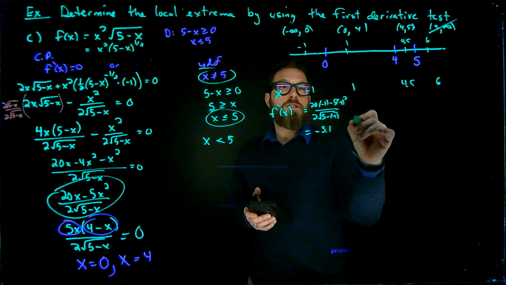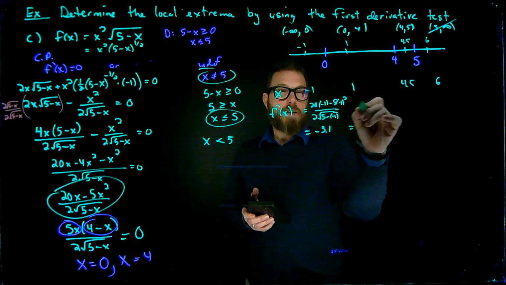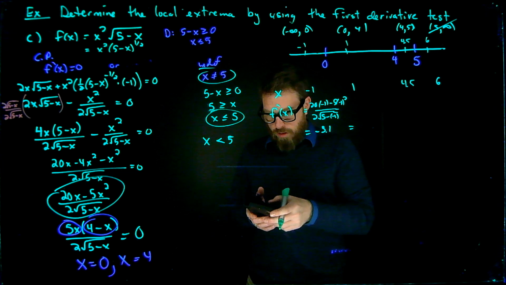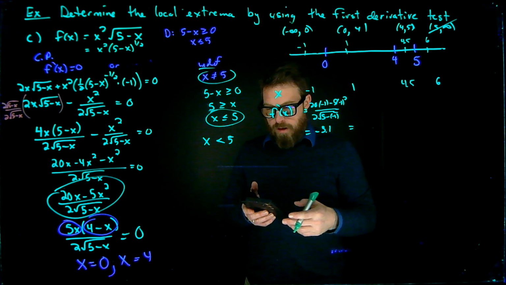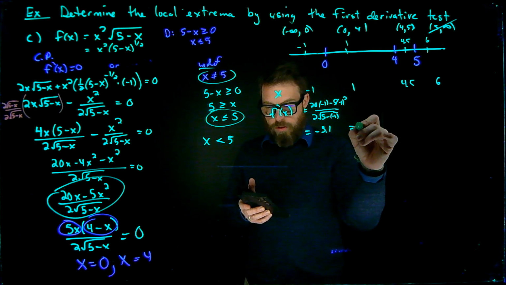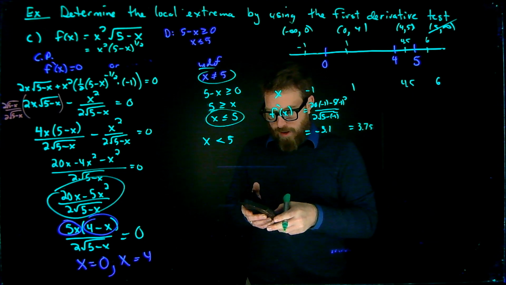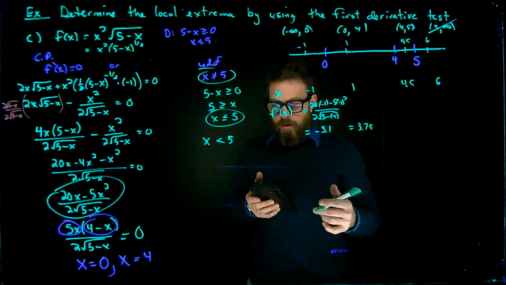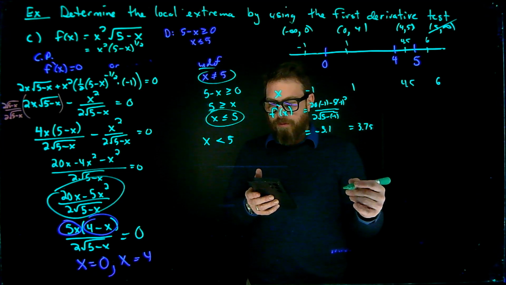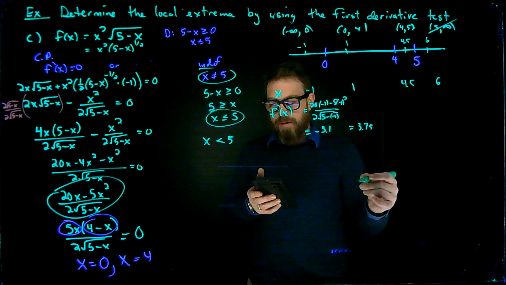When I plug in x equals 1, I'm going to do it down here. I'm just kind of out of room here. So when I plug in x equals 1, I'm going to get positive 3.75. Plug in 4.5, we get negative 7.95. That's what it would be.